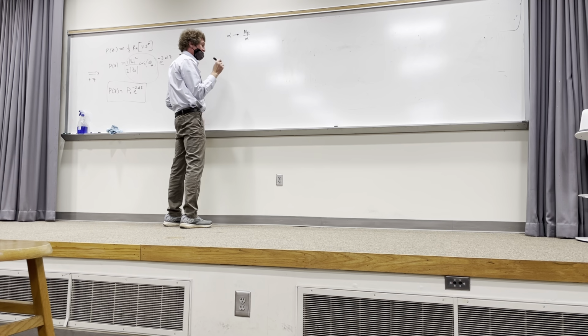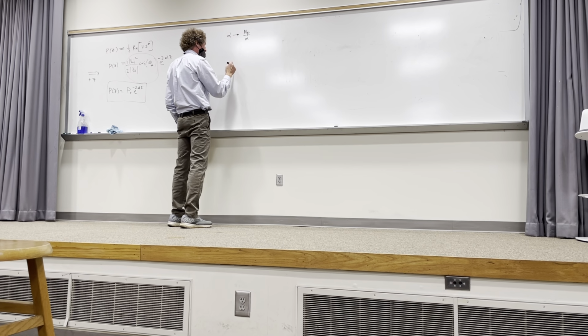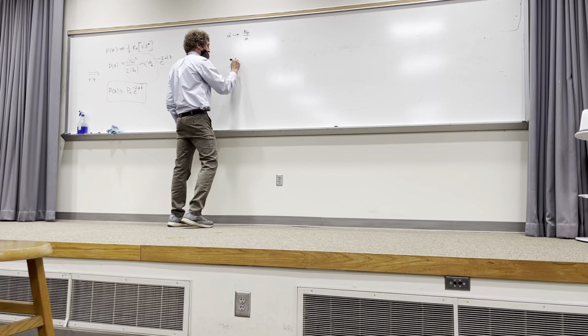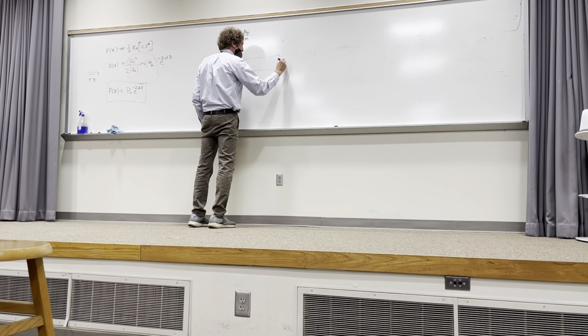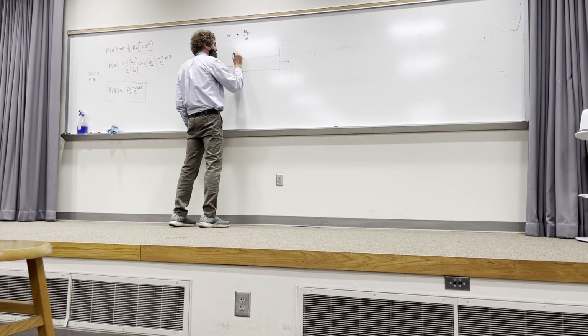Now I want you to follow me on this. Say I have a given section of transmission line, which I'll draw in simple block form, and I know that it is exactly 1 meter long.